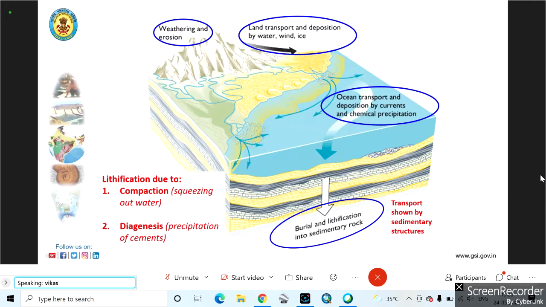So we cannot think of a very tilted bed of a sedimentary unit to have been deposited like that. In general, we understand there should be a horizontal or sub-horizontal stratification where the sediments would have deposited one over another. Next, please.